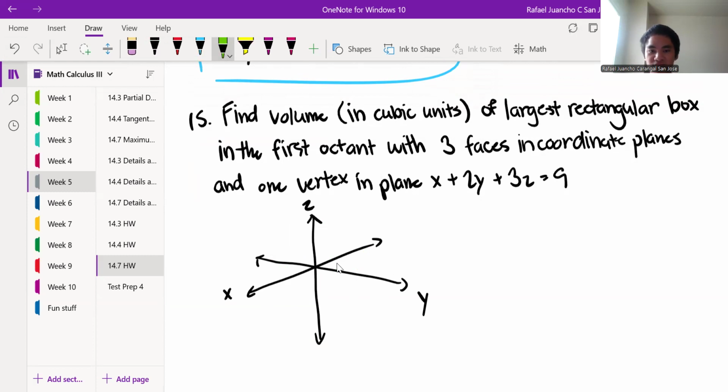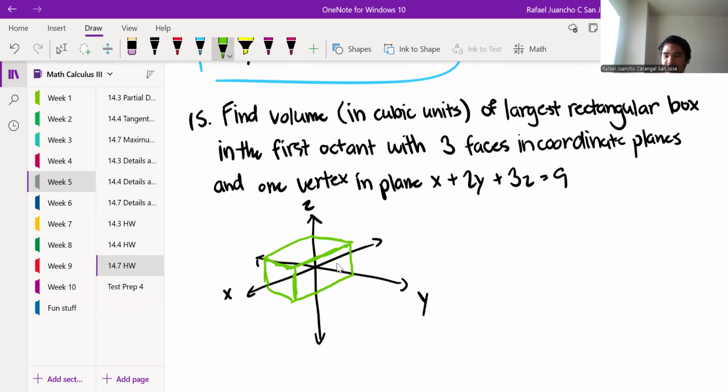What's the first face? I'm going to write something random. That's the first face. That's the second face. Then that should be the third face. Right? Then that's my rectangle.